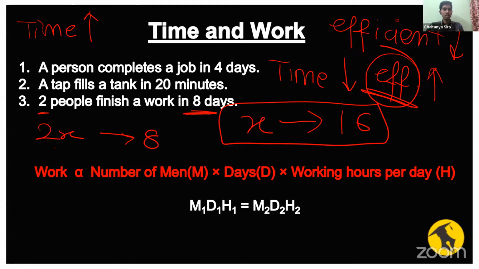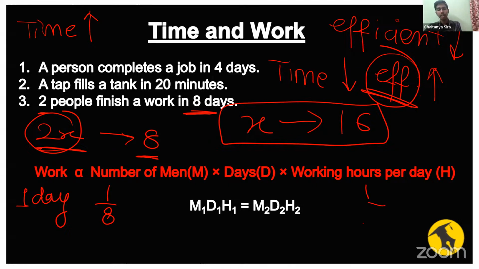If two people take 8 days to finish work, then the efficiency of each person would be, let's say two people complete the work in 8 days. That means in one day they complete 1/8 of the work, correct? And this is for two people. So if I say one person at a time, it will take 1 upon 16. How did I get 1 upon 16?